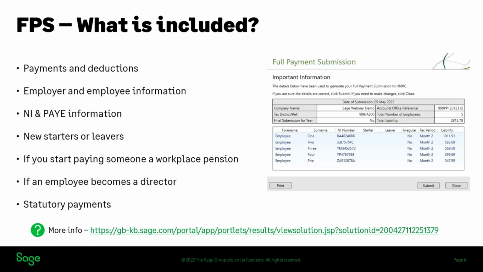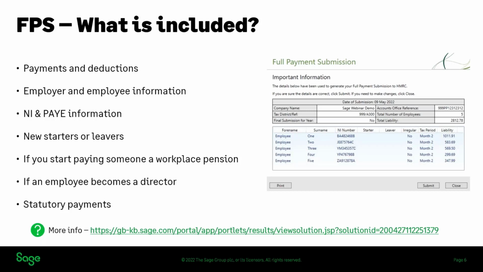If you start paying someone a workplace pension, this will be sent across in an FPS as well. And if an employee changes to become a director, so if an employee moves from regular employee to director status, then this again will be included. Finally, you will have any statutory payments as well that are included in that.